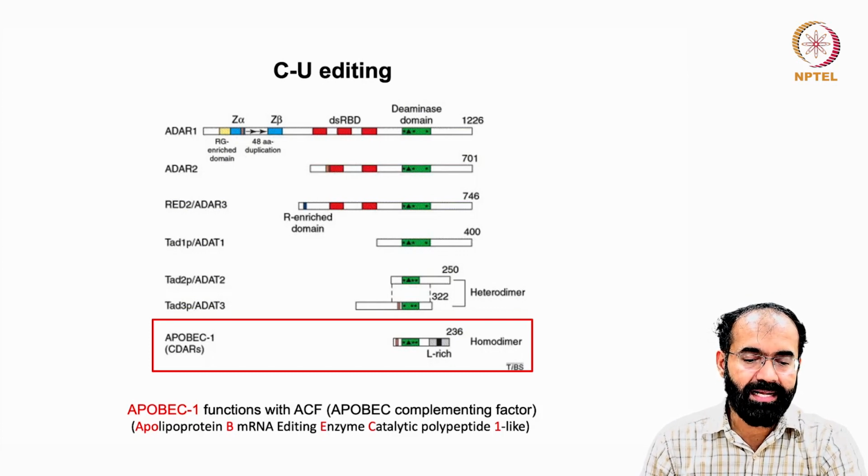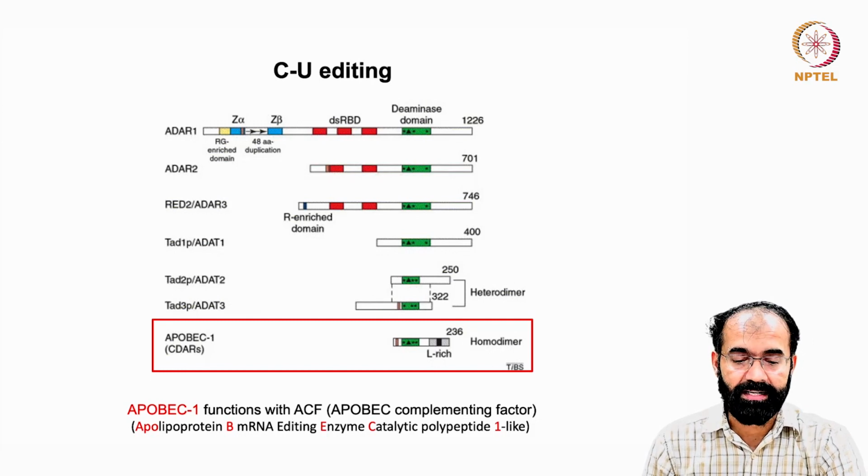Apolipoprotein B mRNA editing enzyme catalytic polypeptide 1-like is the full form of APOBEC. Some portions have been taken, highlighted in red, and 1-like is given this number. This functions with ACF. What is ACF? APOBEC complementing factor.